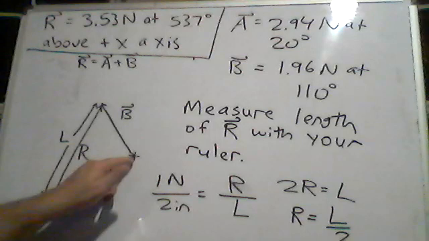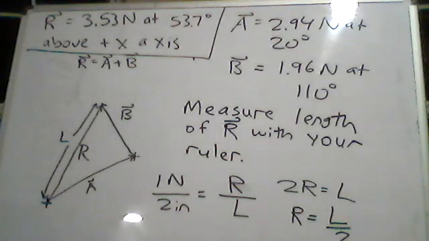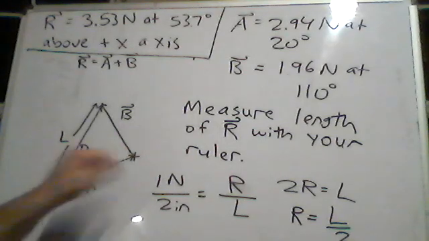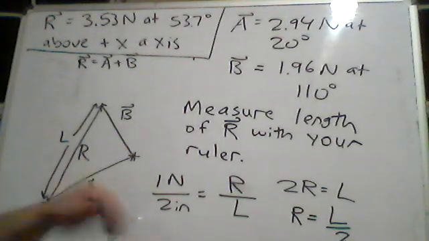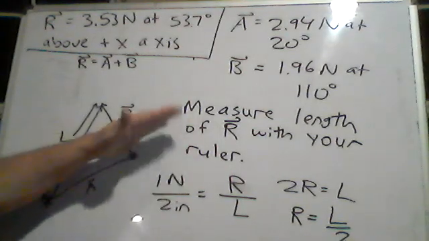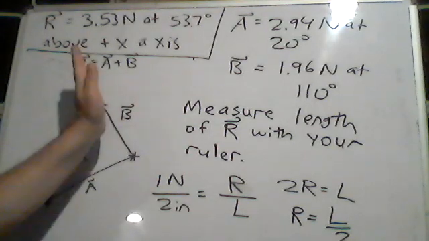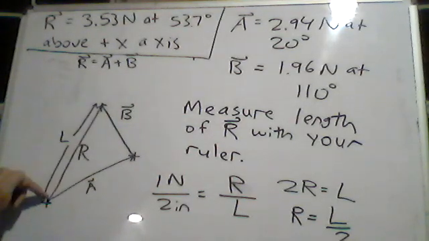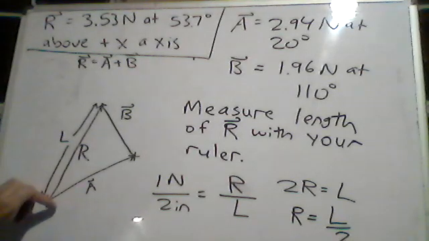You draw it out anywhere on the graph paper you wish. And then you do the same thing, but now you have a new origin, B, and then you figure out its length, and you draw a corresponding angle with respect to that axis. Then your resultant is a line drawn from the tail of the first to the tip of the last.